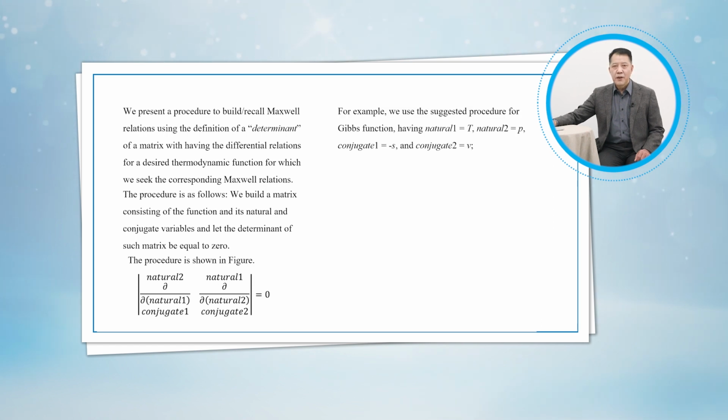For example, we use the suggested procedure for the Gibbs function having natural 1 equals T, natural 2 equals P, conjugate 1 equals minus S, and conjugate 2 equals V. Therefore, we have the determinant.